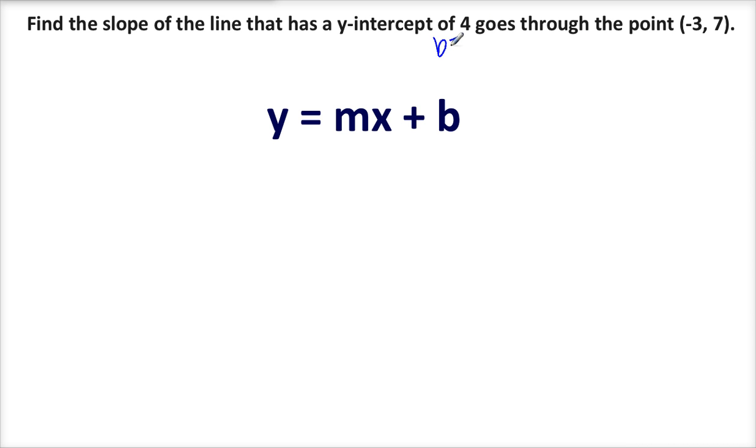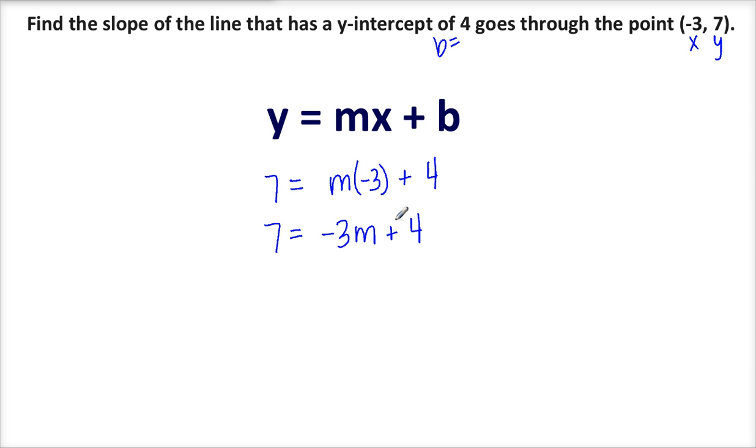So y-intercept is b in the equation, and (-3, 7) is an x and a y variable. Okay, plug those into the equation. Should be getting good at this now. Is that what you got? Okay, let's rewrite it so it looks a little bit cleaner.